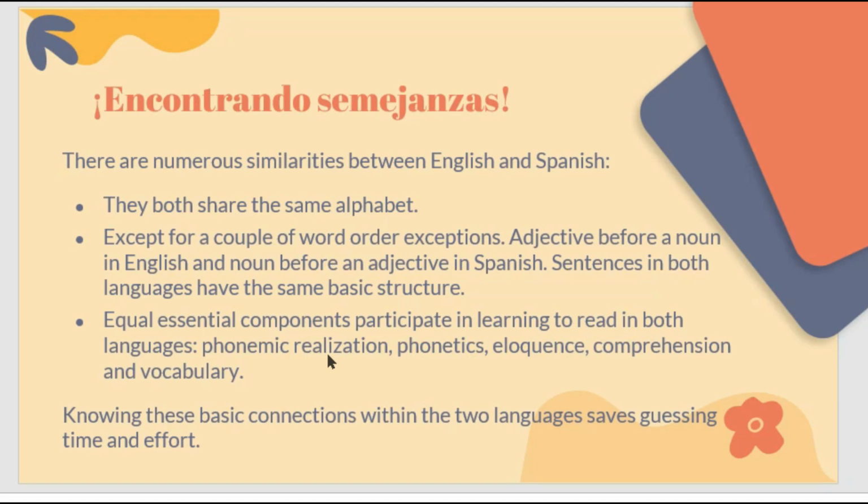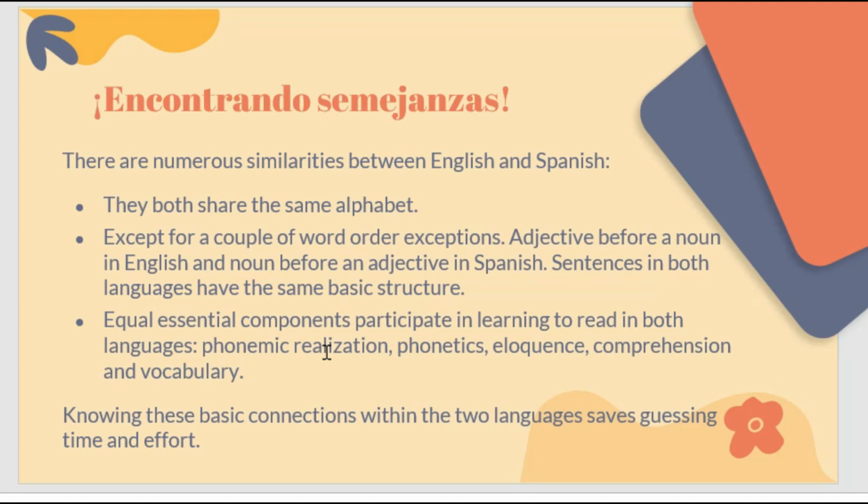Encontrando semejanzas. There are numerous similarities between English and Spanish. They both share the same alphabet, except for a few cases. Except for a couple of word order exceptions, adjective before a noun in English and noun before an adjective in Spanish, sentences in both languages have the same basic structure.